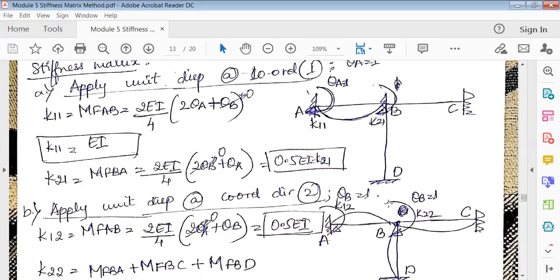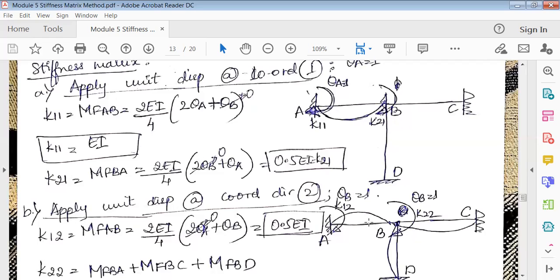Now you can see here, theta B or theta A, the rotations are always applied clockwise. So this is theta B, we apply rotation in clockwise direction. When I apply the rotation in clockwise direction, first it bends BC like this. Once the BC portion is bent, you start from B to C and bend this portion. Next, this rotation tries to push BD to the left side, so again this portion is bent.